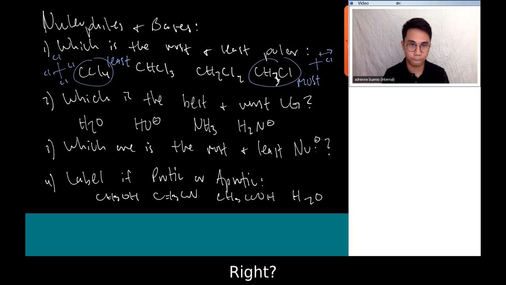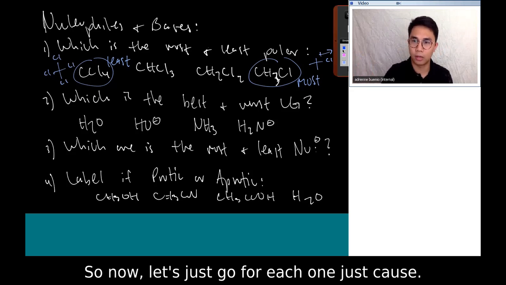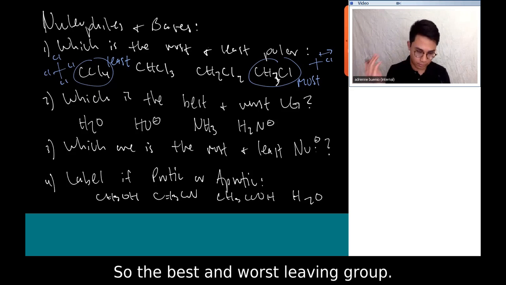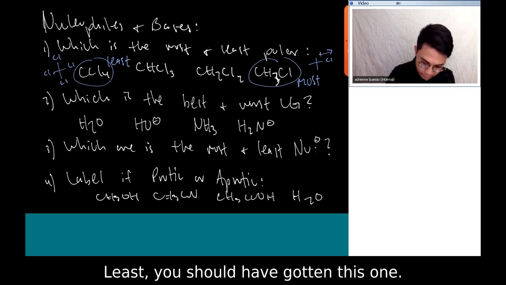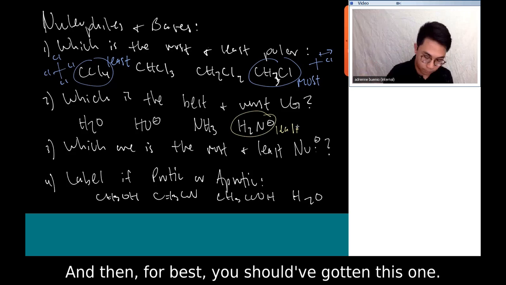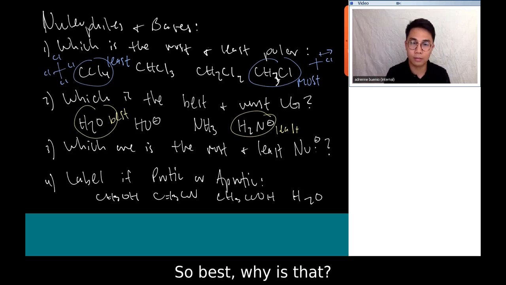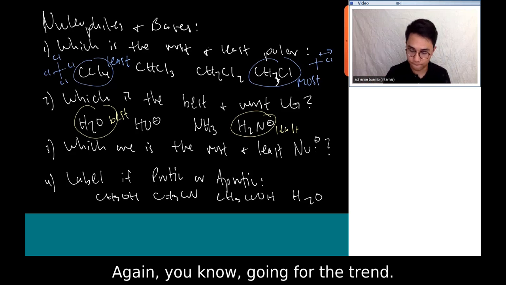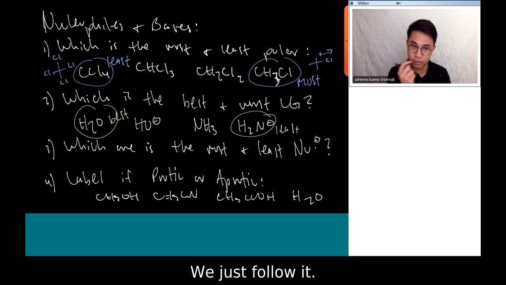Right. So now I'm gonna change the color for each one just because. So the best and worst leaving group. For least, you should have gotten this one, and then for best, you should have gotten this one. So best, why is that? Again, going for the trend, you just follow it.